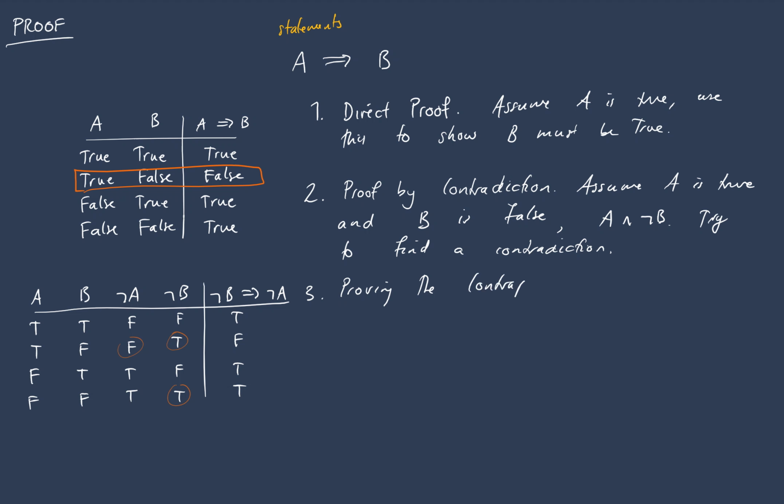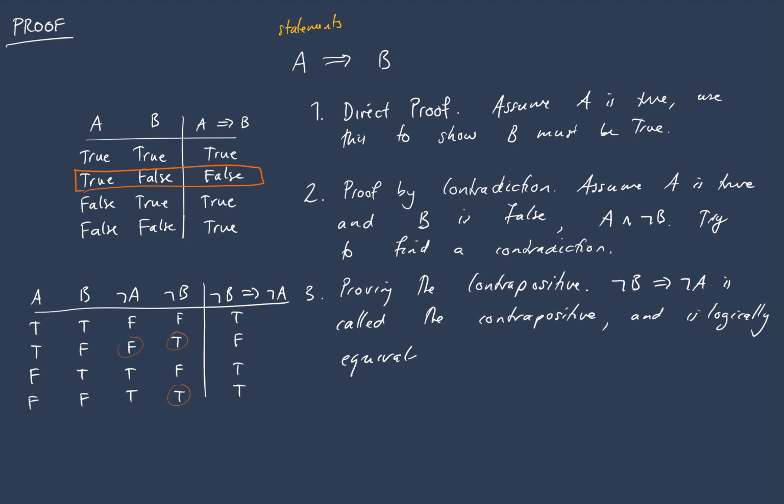That statement, not B implies not A, is called the contrapositive, and is logically equivalent to A implies B. So if we are trying to attack a proof by the contrapositive, we assume that the negation of B is true and try to derive the negation of A, whatever that may be.